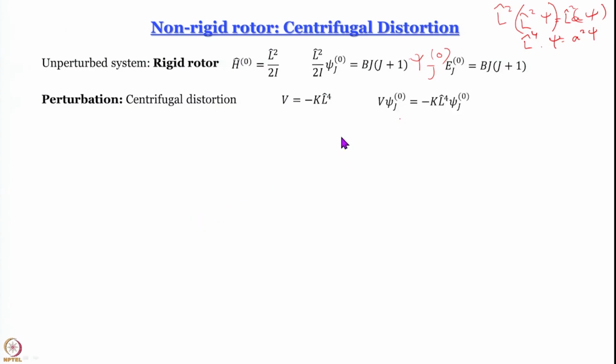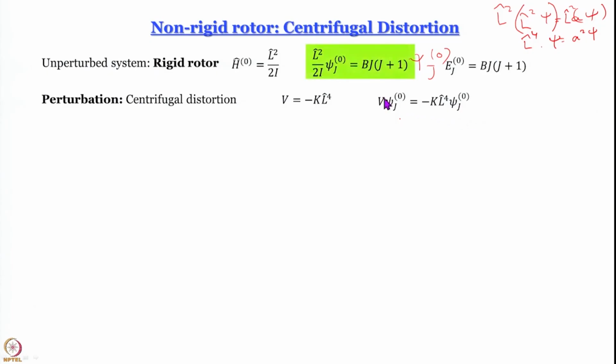So, centrifugal distortion when it operates on the wave function, and remember we will still work with the uncorrected 0th order wave function. There is no need to incorporate the correction term, as we have learned a few modules ago. We get minus k L to the power 4 operating on psi j 0th.